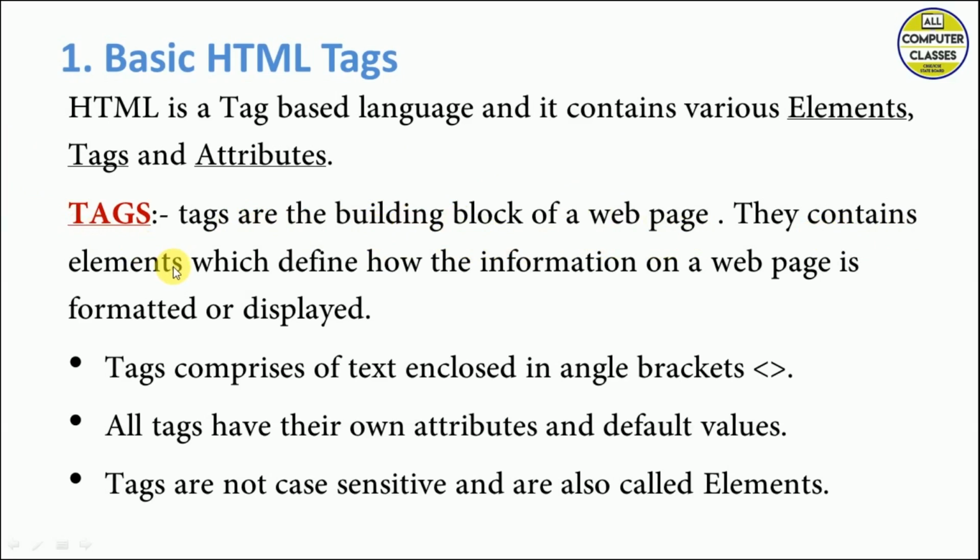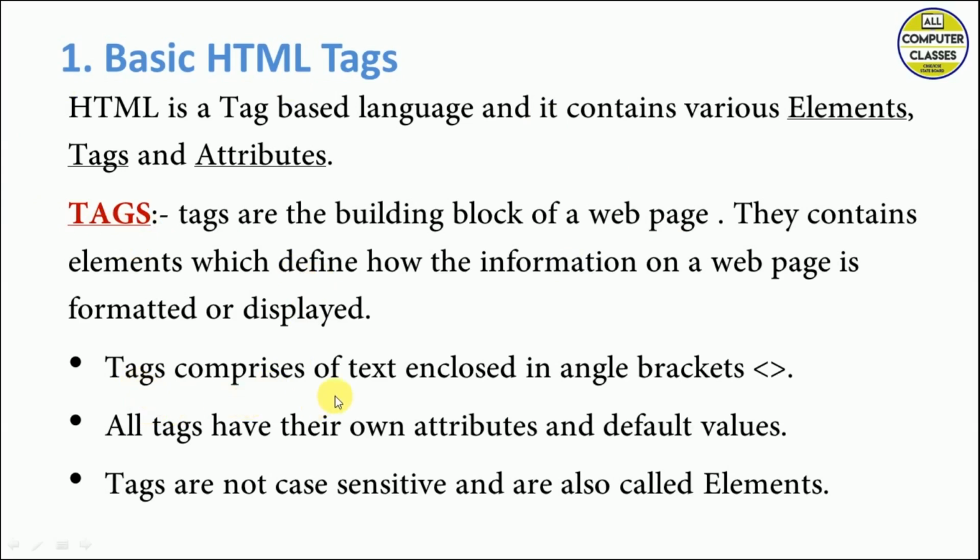They contain elements which define how the information on a web page is formatted or displayed. We have certain sections like the head section and body section, and how those are defined can be done only with the help of tags.